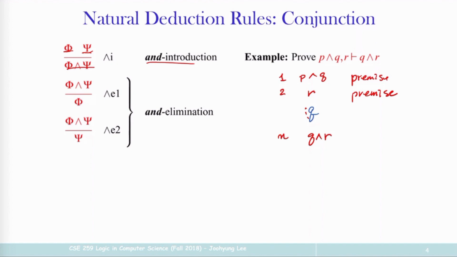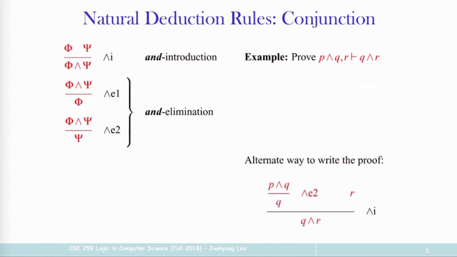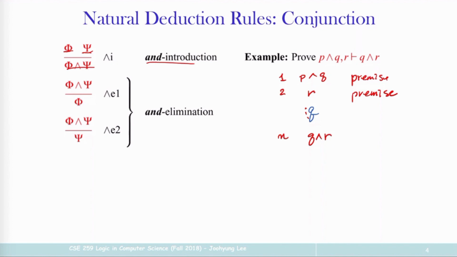I wrote Q in blue because I'm not sure whether it is okay to write here; I don't have the justification yet. But if I know Q is true, and also I know from line 2 that R is true, I can derive Q and R. So this is conjunction introduction from, let's say, n minus 1 and 2. Are we together?